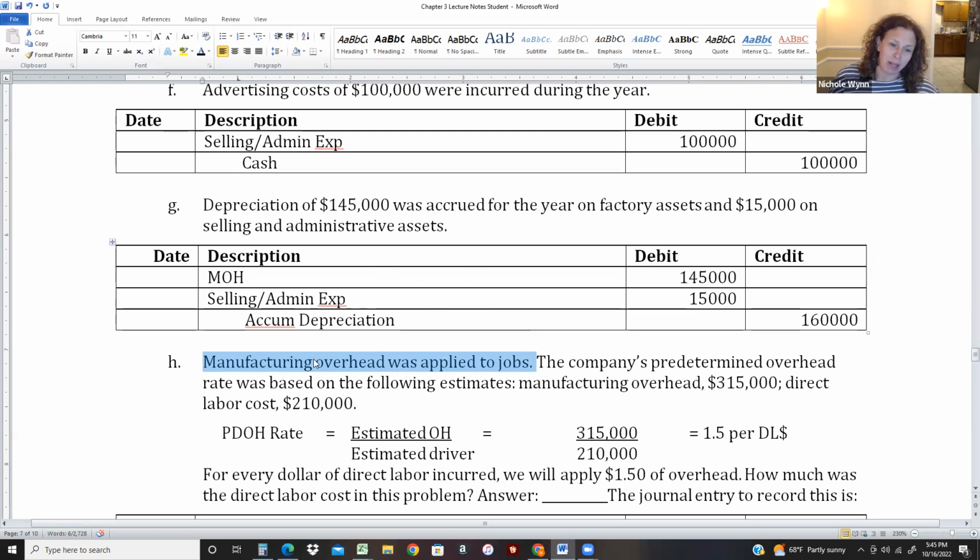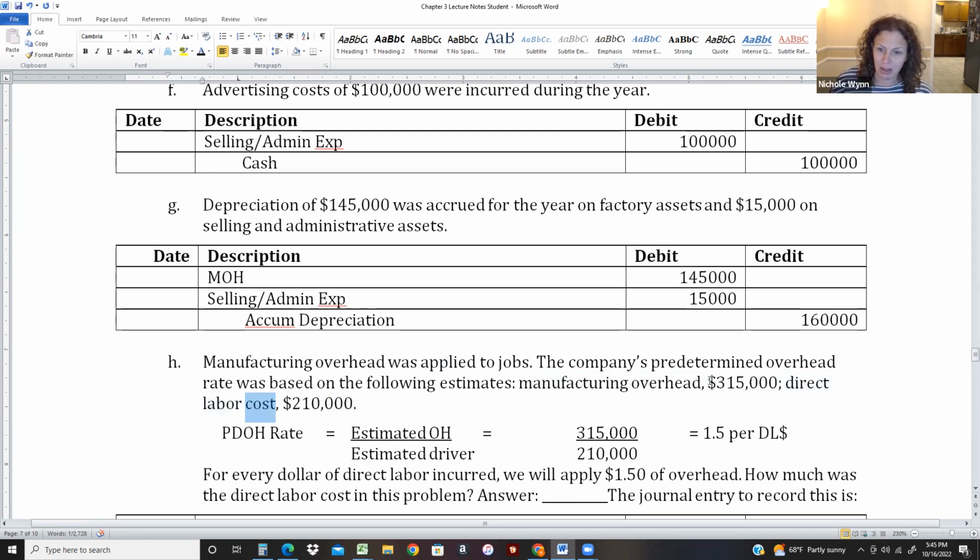So manufacturing overhead is applied to jobs, and the predetermined overhead rate is based on the following estimates. Remember that anytime we apply overhead, we use our predetermined overhead rate, and that rate is estimated overhead of 315 and estimated driver of 210. Now, our driver is not direct labor hours. It says direct labor cost, so that's a dollar amount.